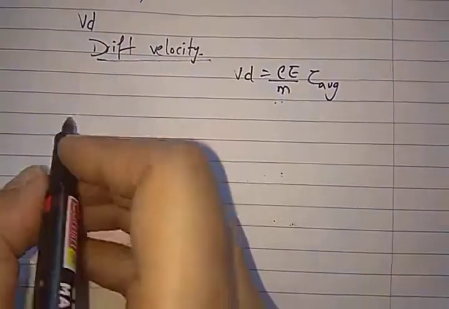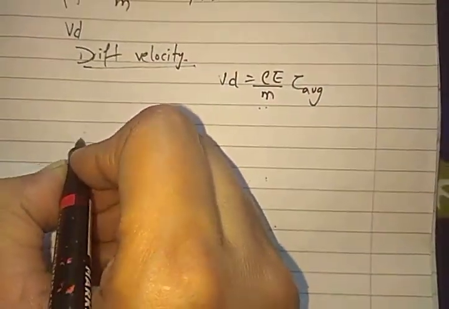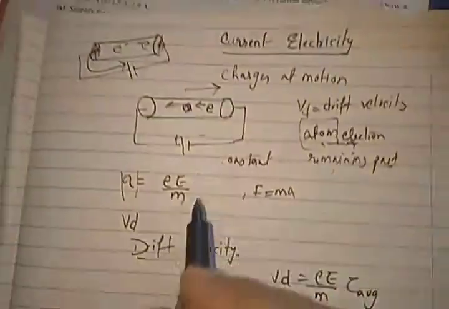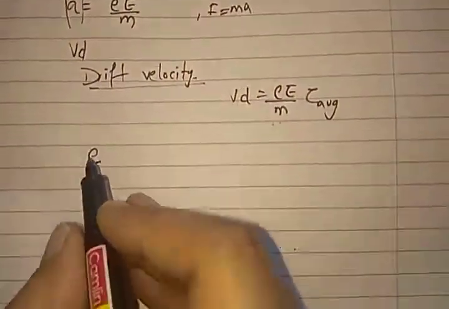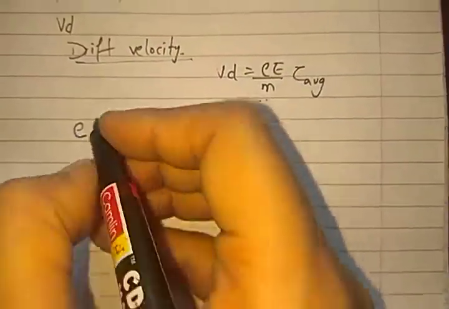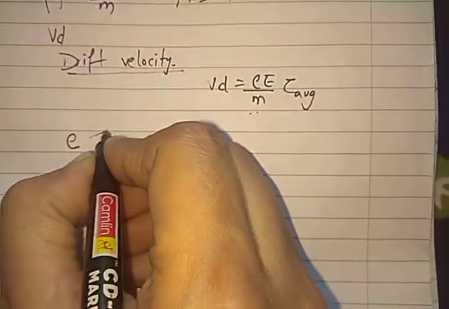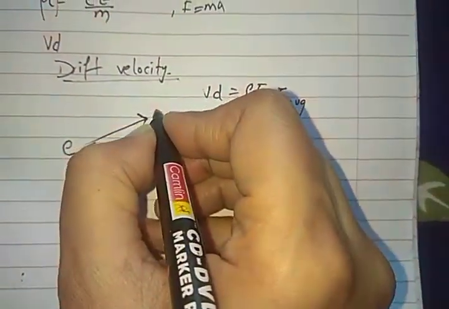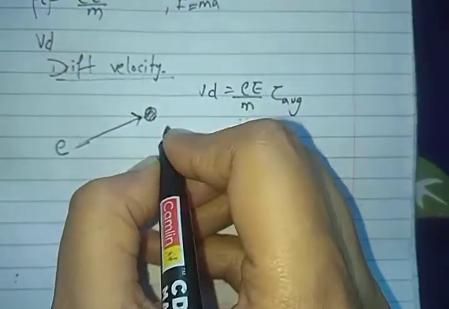So how will we study tau? Listen, here e was the electron charge. We are doing a microscopic study, a study of very fine particles. So what is happening here? The electron moved, then it struck with the kernel.